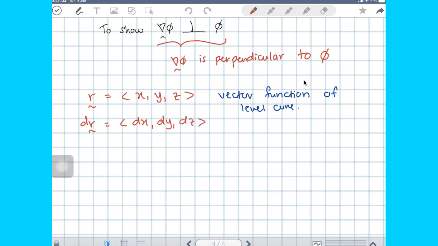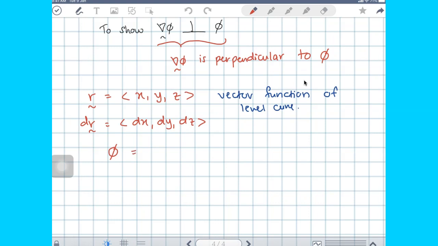Now you are given a scalar function phi, whatever equation you have, and as in the previous examples, I gave you two examples of this. Before this, we always make sure that the function is equal to 0 or a constant. As we did before, we always make it equal to 0, or in general we have a constant.